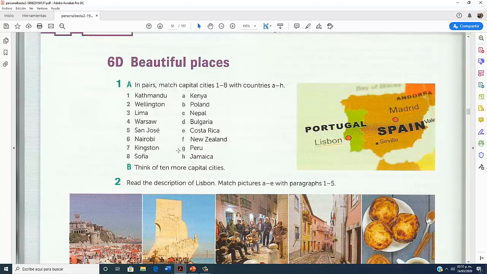The capital of Jamaica is Kingston. The capital of Peru is Lima. The capital of Costa Rica is San Jose. The capital of New Zealand, is it Wellington? Wellington, right? The capital of Poland. Yeah, Poland is Warsaw. I'm not sure about this. Help me with that information.